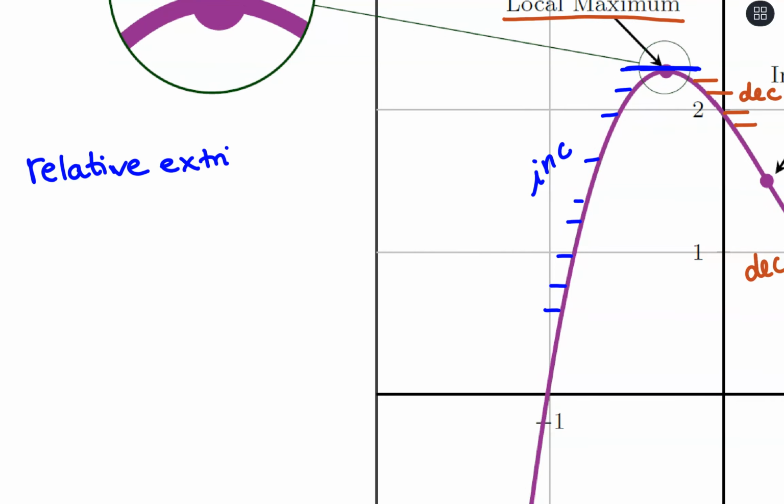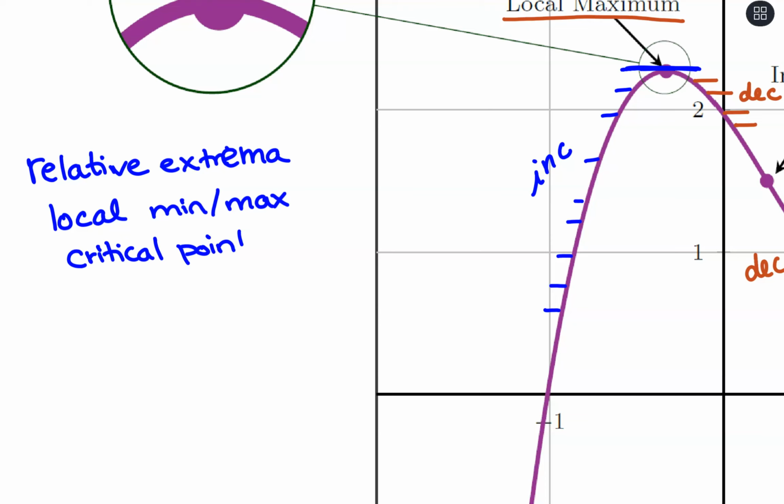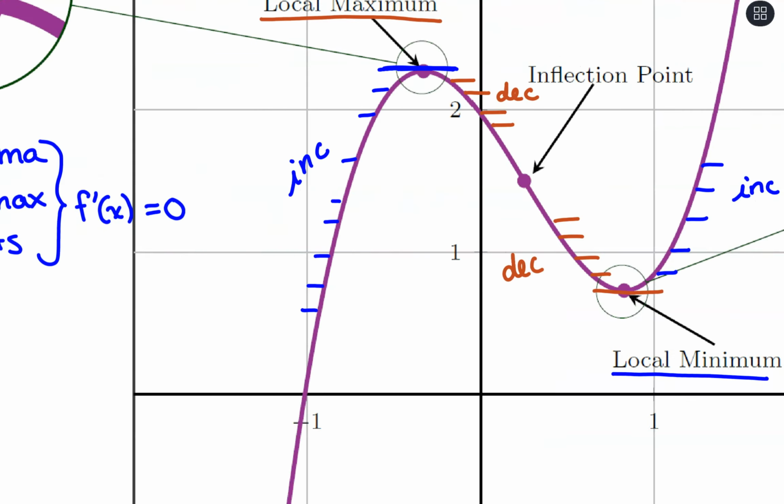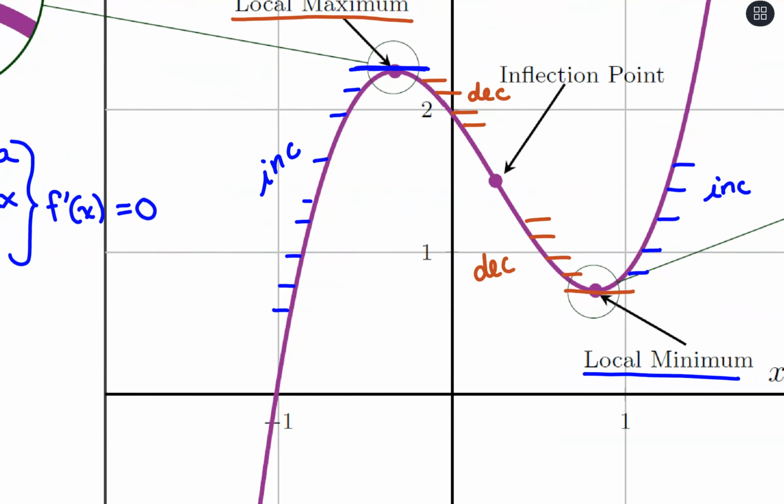Actually, let's give a few names for this. Relative extrema, local minimums or maximums, same thing. These are also our critical points. So all of that leads to this idea that we're looking for where the first derivative is equal to 0. That's going to separate where we're increasing and decreasing.